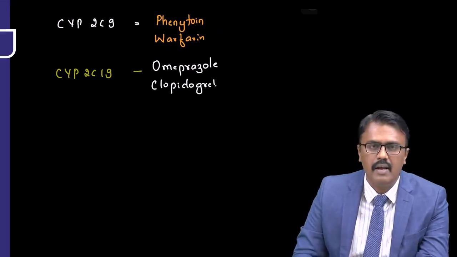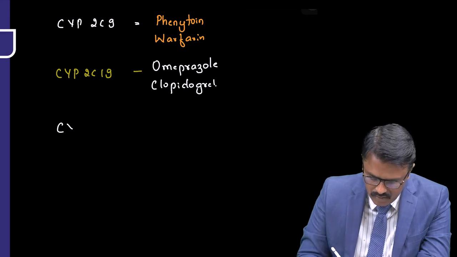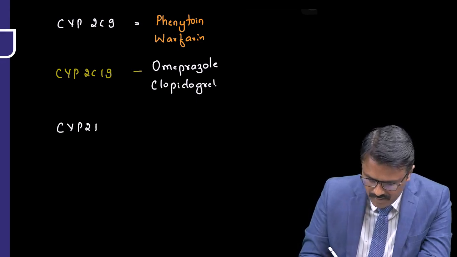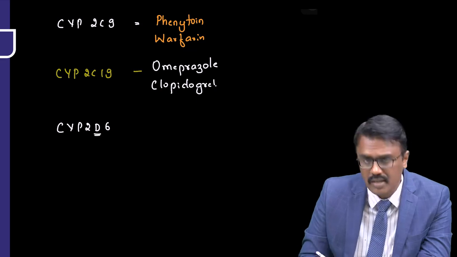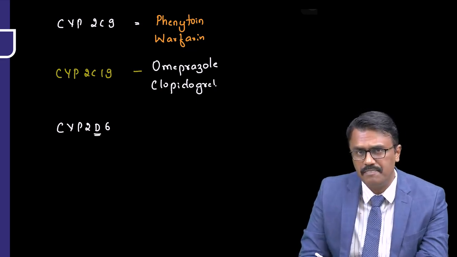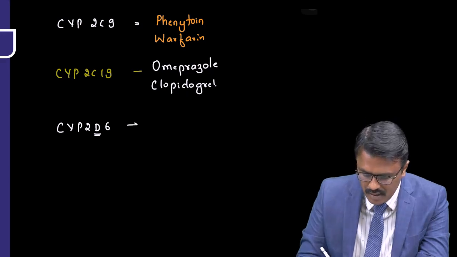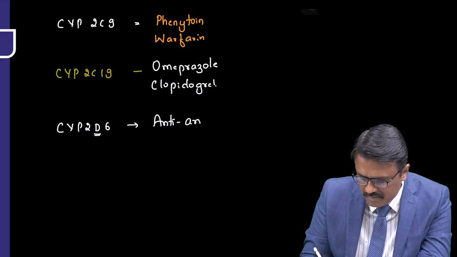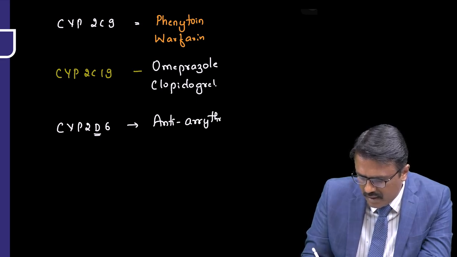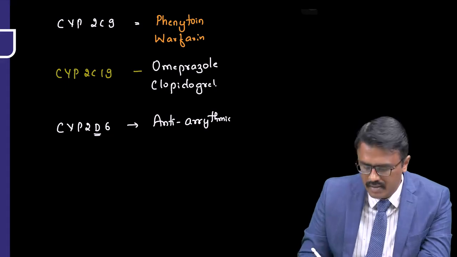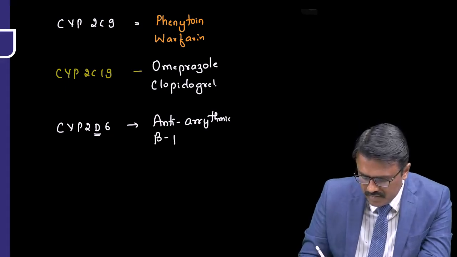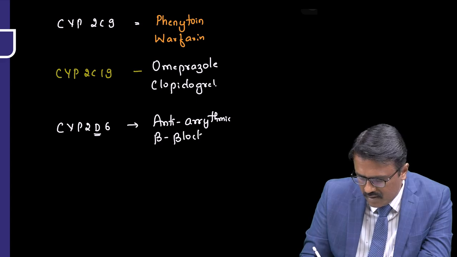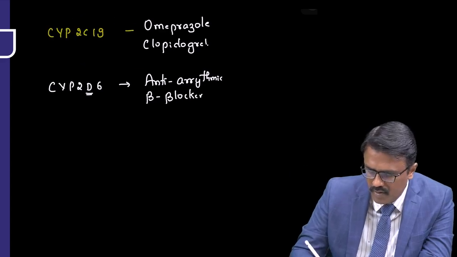Next, we have another important one, cytochrome 2D6. Now the D stands for dil or dimag. The drugs which act on the dil, the heart, the antiarrhythmic drugs, are metabolized by this. Antiarrhythmics, then the beta blockers, for example metoprolol.